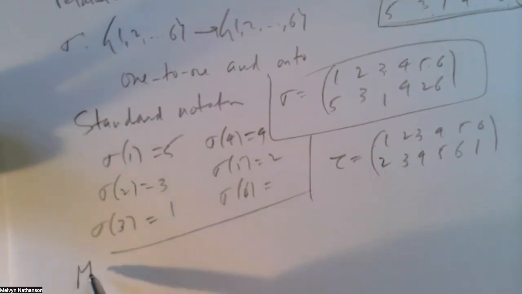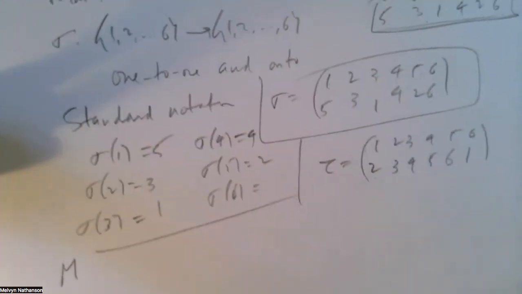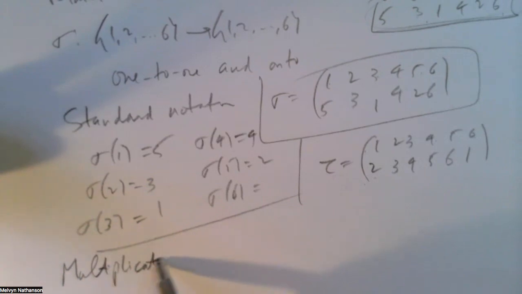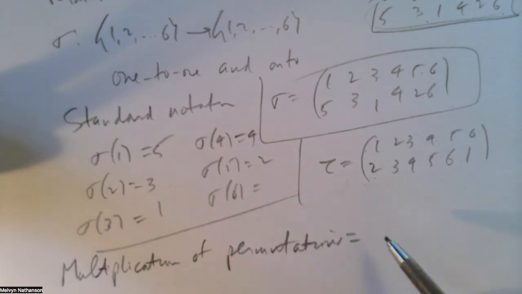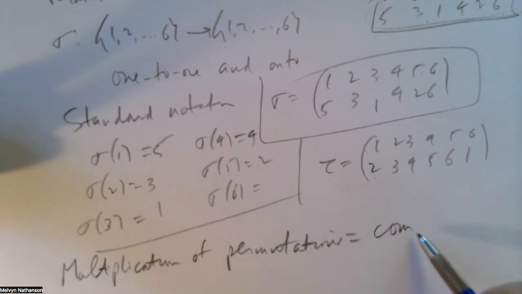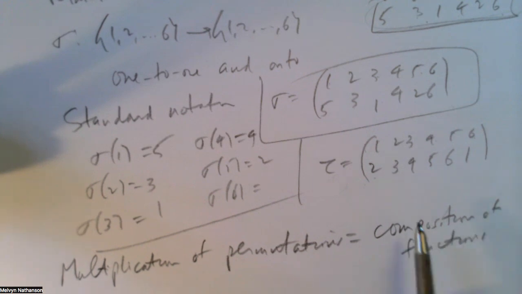And this is very important. We can multiply permutations. So multiplication of permutations means exactly, just as in calculus, composition of functions.